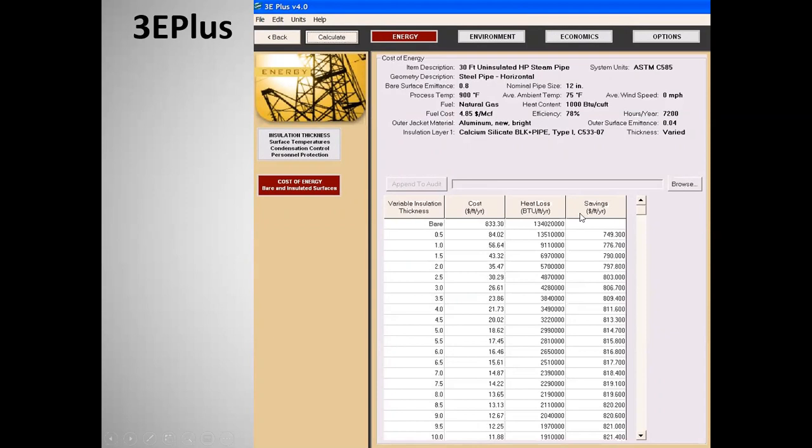And this is savings, dollars per foot per year, at different thicknesses of insulation. So if you went 3 inches of insulation on this guy, you would come down here, and it would save $806.70 per foot per year. So if you had 10 feet, it would be 10 times that. If you had 100 feet, it'd be 100 times that.